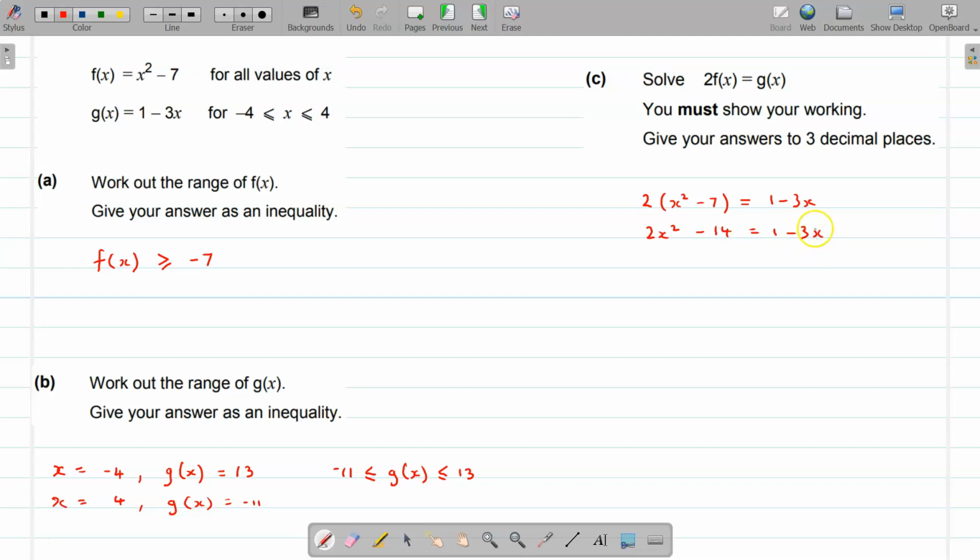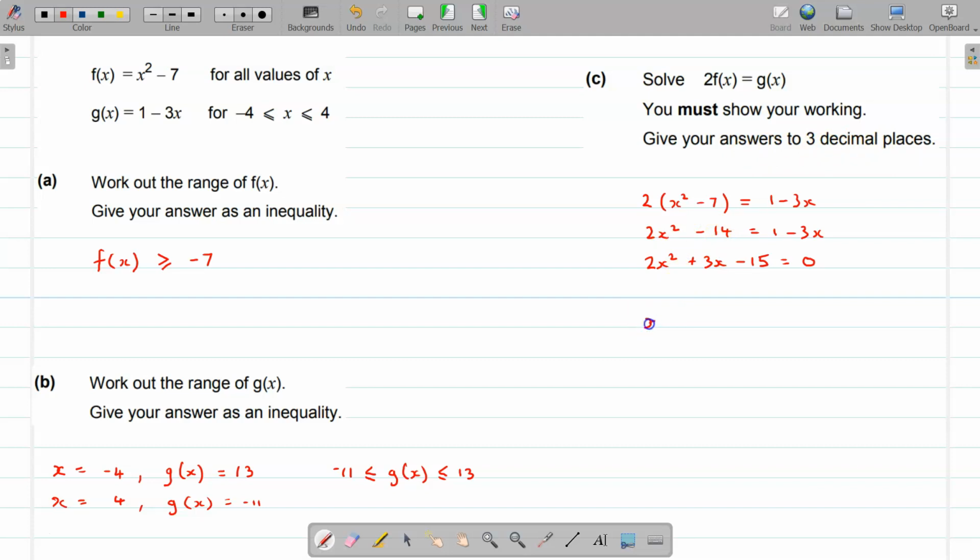If I rearrange that, I get 2x squared plus 3x minus 15 equals 0. Don't need to try to factorize it, because it says give your answers to 3 decimal places. So we're expecting to use the formula.